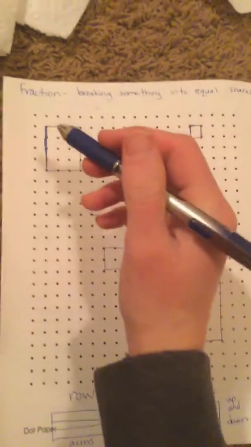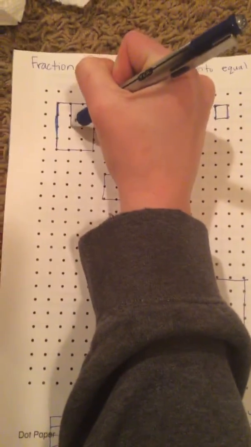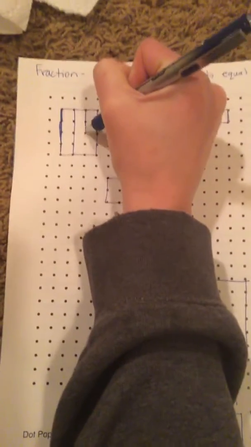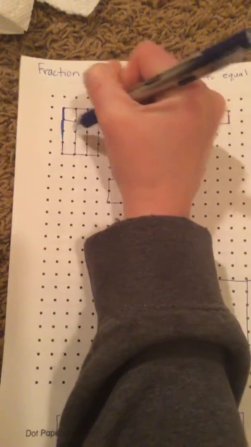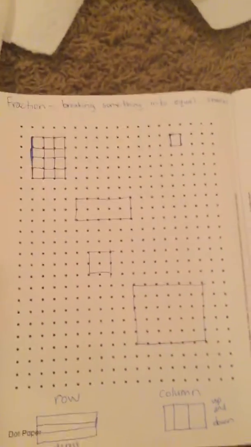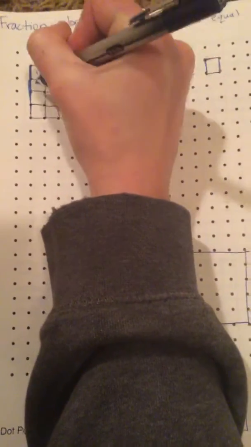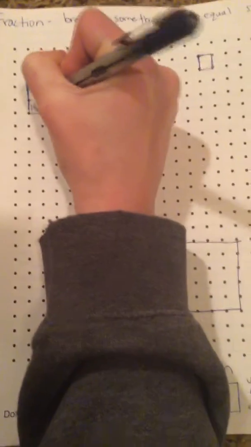If I take my pen and I draw my line down, and draw my line down, and then I draw my line across, I can break it up into little squares. Then I can count how many squares I have. So I could number it 1, 2, 3, 4, 5, 6, 7, 8, 9, 10, 11, 12.